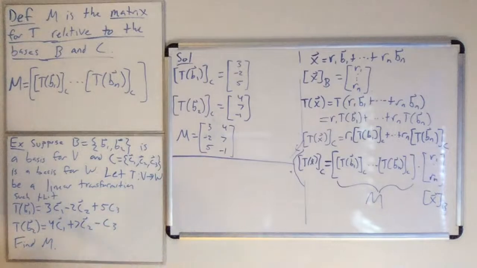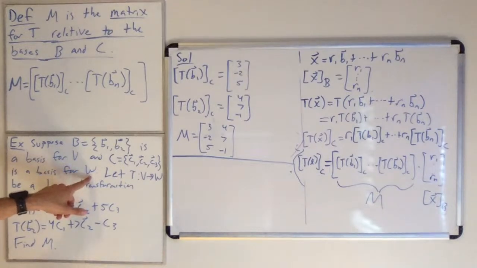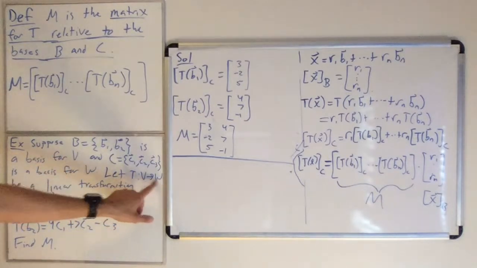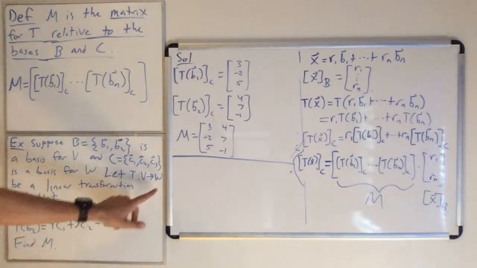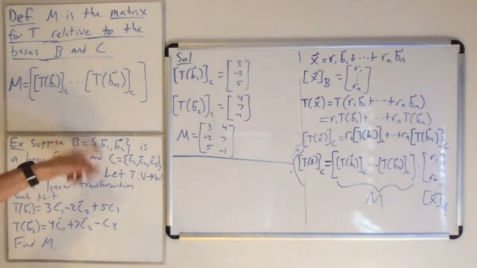Okay, so we're going to look at a special case when we're mapping from V to V. We have the same vector space in both the domain and the codomain, and both B and C will be the same basis.